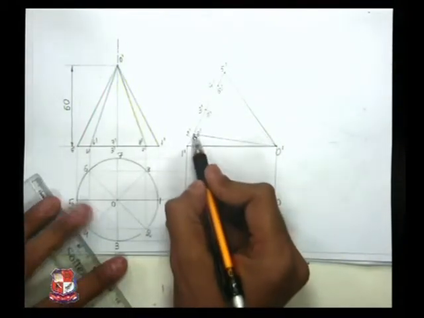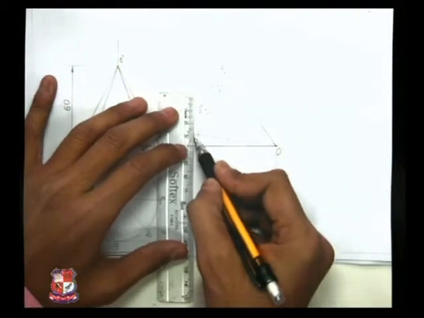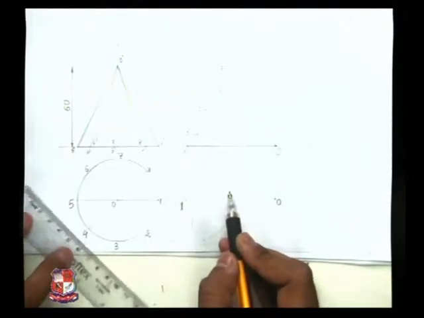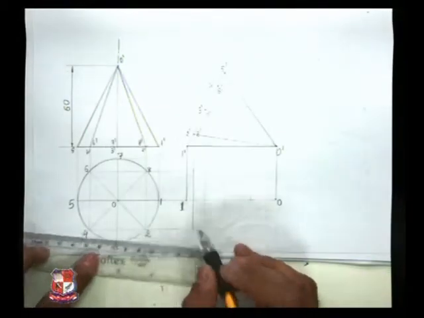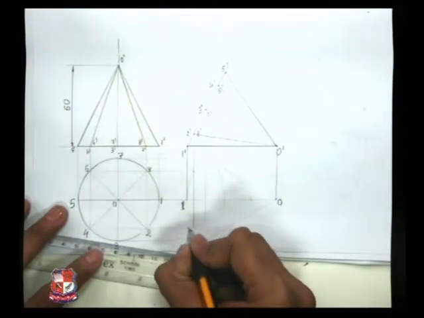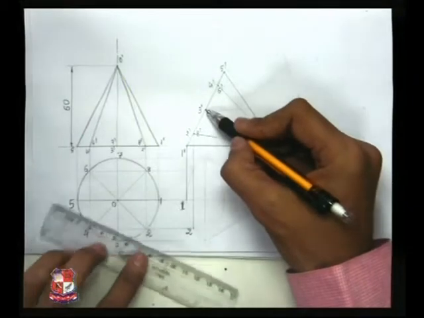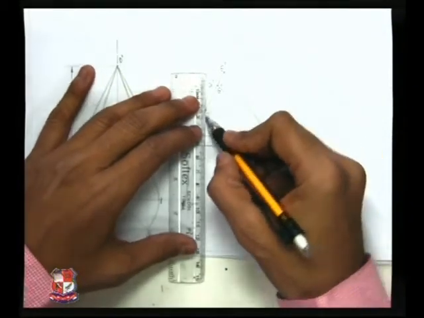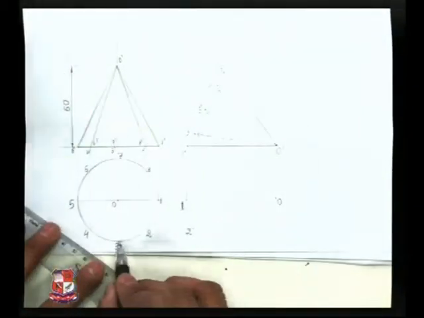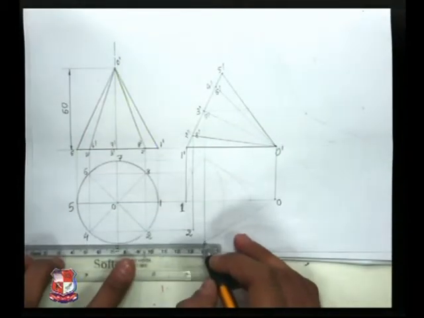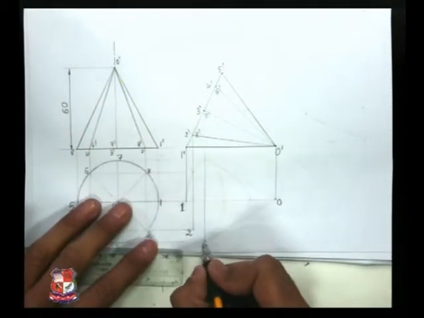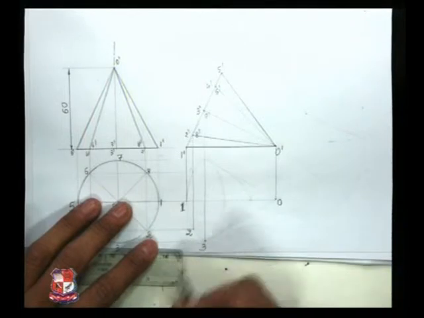Similarly point number 2 is here. So a vertical line from point number 2 like this, and a horizontal line from point 2, both will intersect at this point. So this is point number 2. Similarly point number 3 dash is here. So a vertical line from point number 3 dash, a horizontal line from point 3, and both will intersect at one point, and this is point number 3.